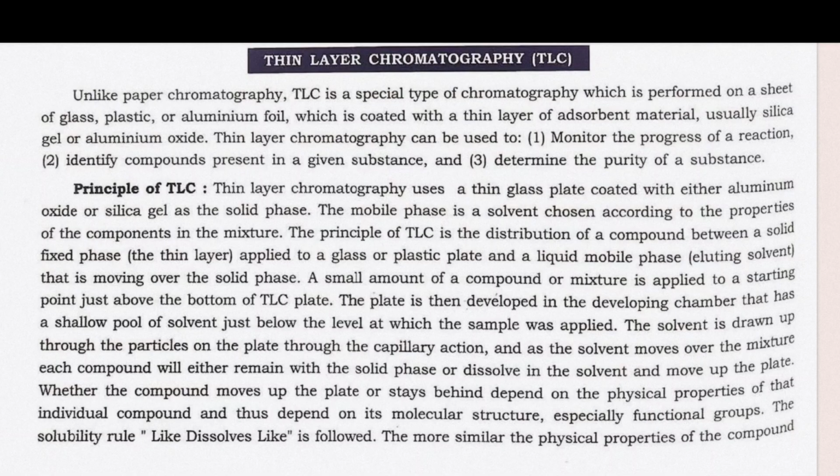The principle of TLC is the distribution of a compound between a solid fixed phase, the thin layer applied to a glass or plastic plate, and a liquid mobile phase, the eluting solvent, that is moving over the solid phase. A small amount of a compound or mixture is applied to a starting point just above the bottom of the TLC plate.